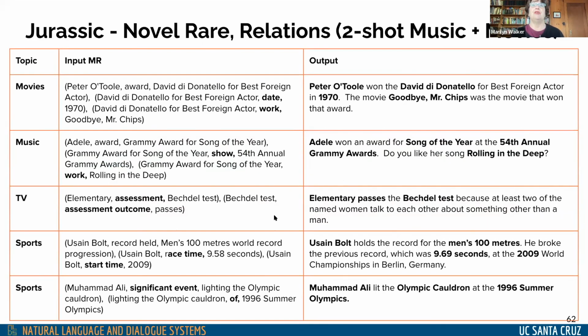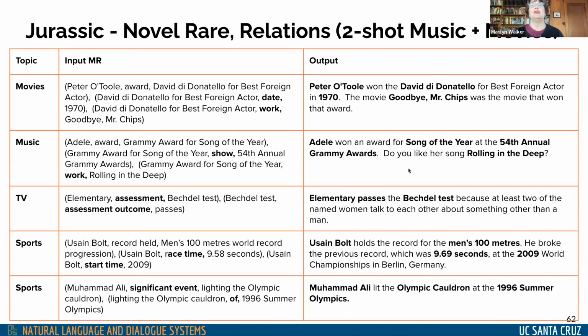So here's a few examples, going back to these, where Jurassic actually gets the semantic content pretty well. Here, Peter O'Toole gets a David di Donatello Award for Best Foreign Actor. It's never seen anything like that before.